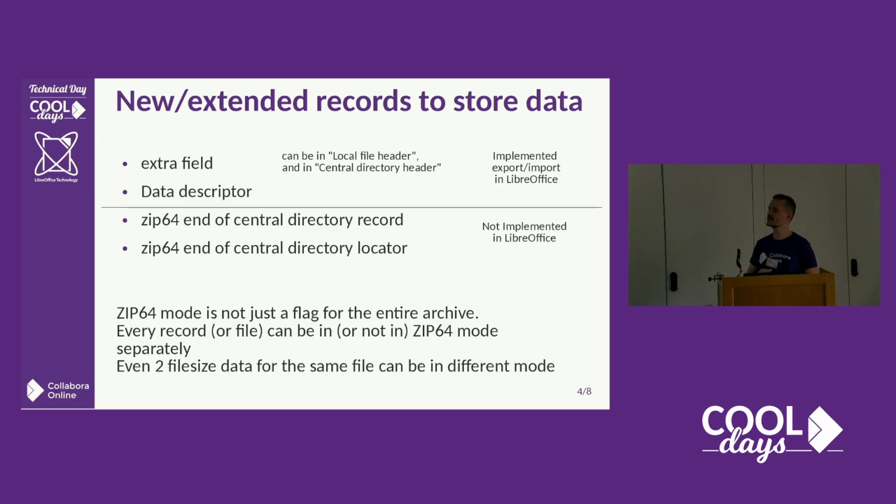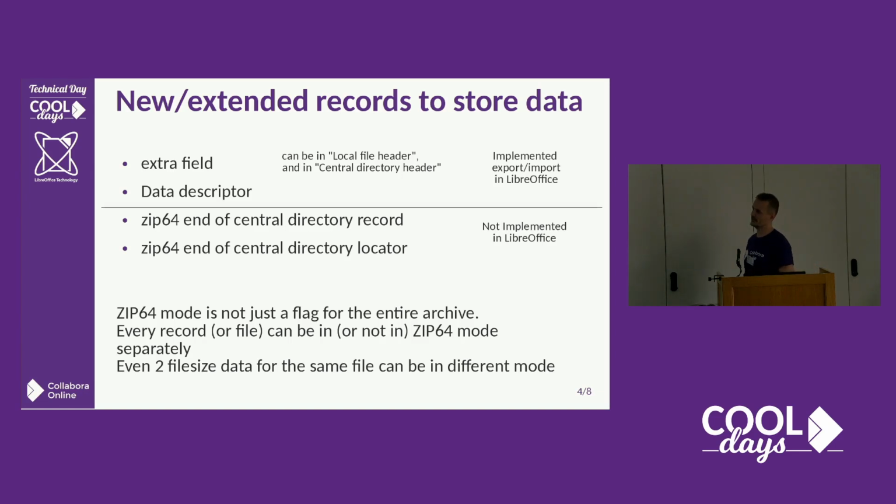The data descriptor still contains the file size. It can be used in special cases. It's not very common. The other two I didn't implement, because they are only for the other limitations: the compressed file size, the file count, and the disk count.